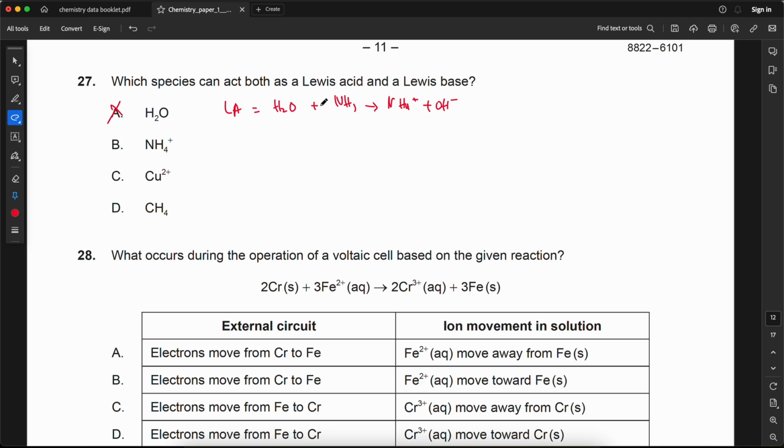So H2O will accept a pair of electrons from N and is acting as a Lewis acid. And for a Lewis base, H2O reacts with HCl to produce H3O plus and Cl minus. It donates a pair of electrons, acting as a Lewis base.